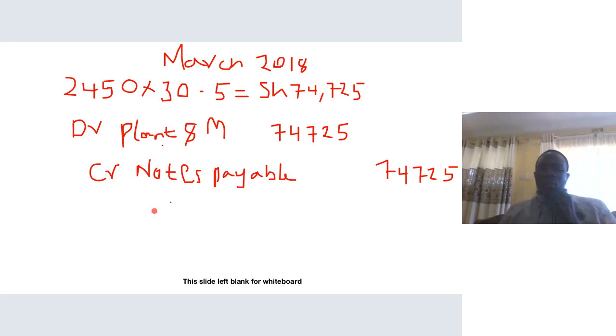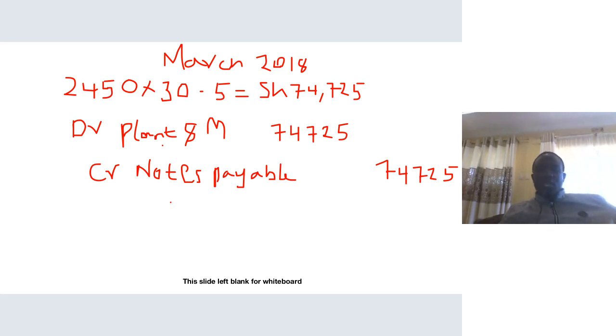Now, if we move on to August 2018, when Njoki will be making the payment, then we have to calculate the amount that Njoki will pay in August 2018.